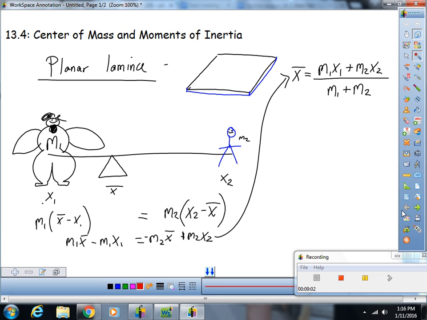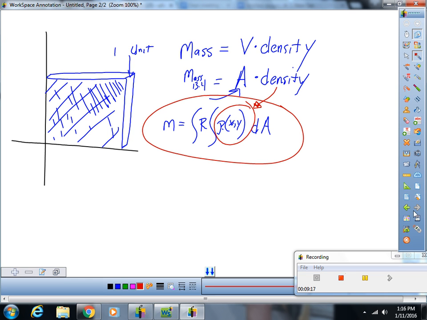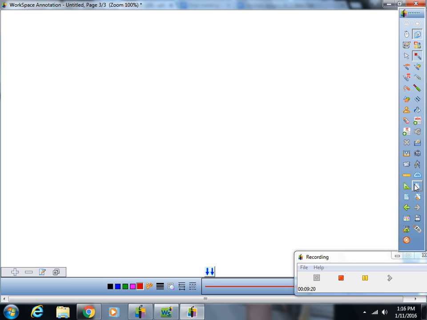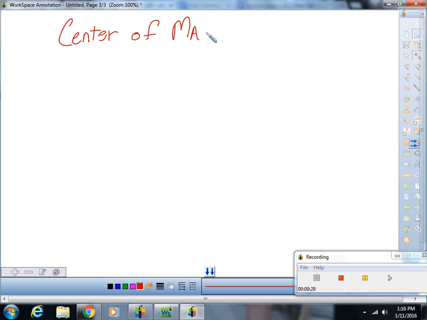If you remember from our last slide, our x bar, which is our balanced position, is basically the product of mass times position over the sum of the masses. What we're going to want to do is find our center of mass. That's just going to be x bar, comma, y bar.